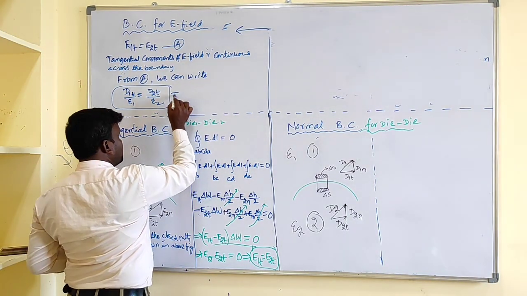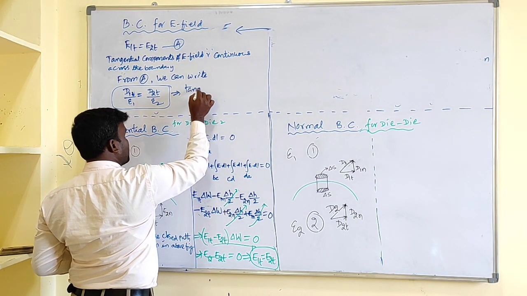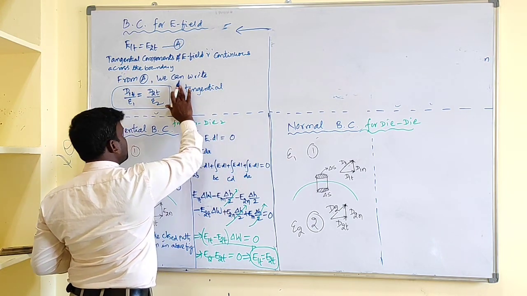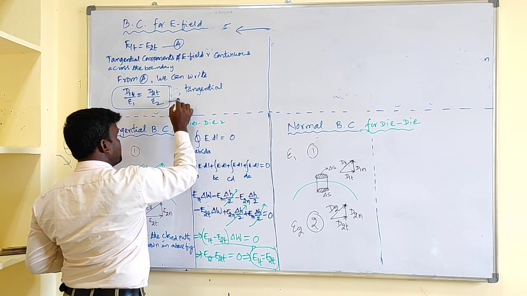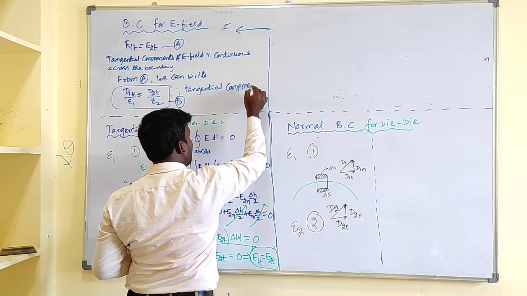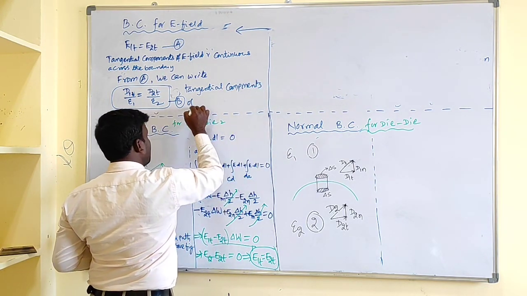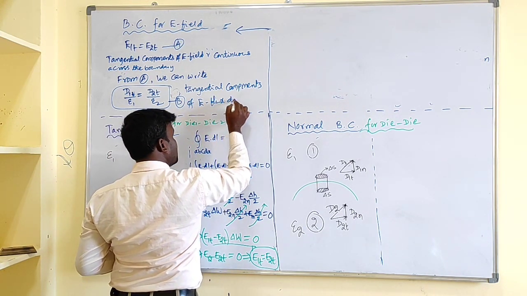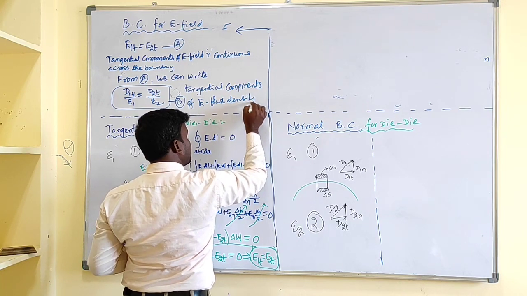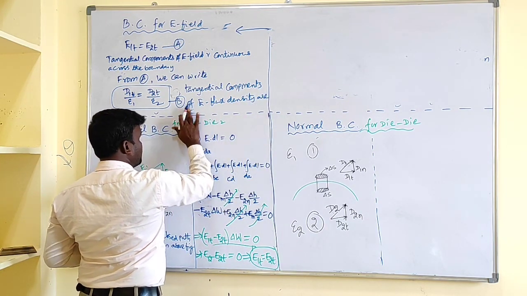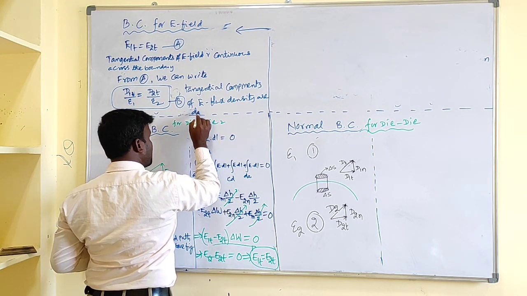It implies what? Let us take this as equation B: tangential components of electric flux density are discontinuous across the boundary.